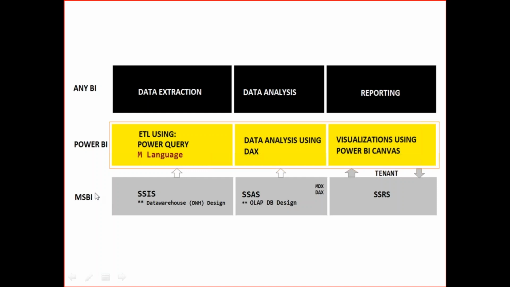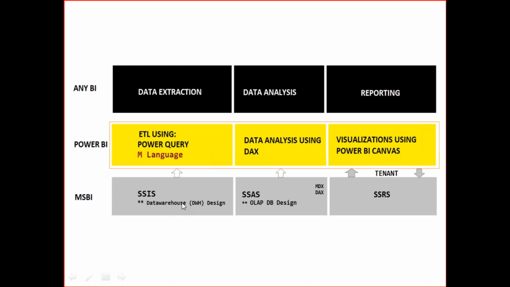Traditional BI like SAP BI, SAP Business Intelligence, OBI, Oracle Business Intelligence, or MSBI, Microsoft Business Intelligence. These traditional BI, or say enterprise BI, are again involved with data extraction and deriving something called a data warehouse, an additional database.